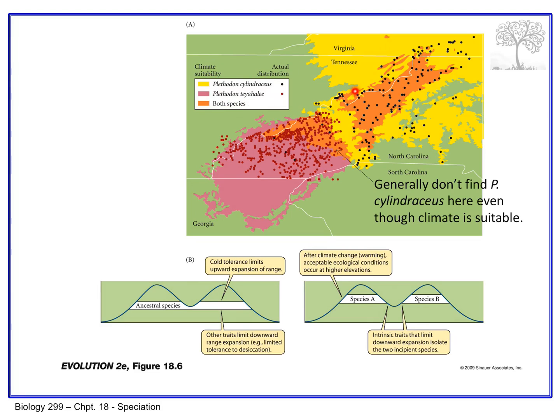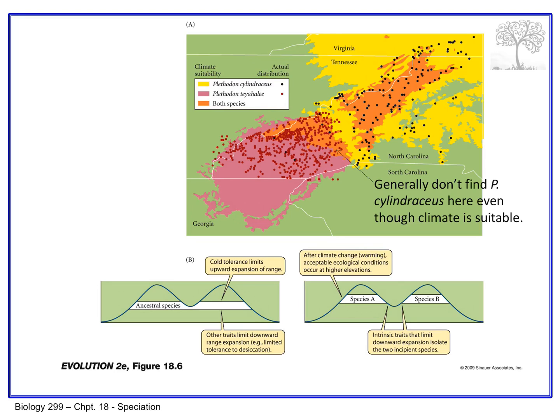So the yellow area here represents the climatic niche space of cylindraceus. This is where it can actually persist. The purple area here is suitable for Plethodon teyahalee.